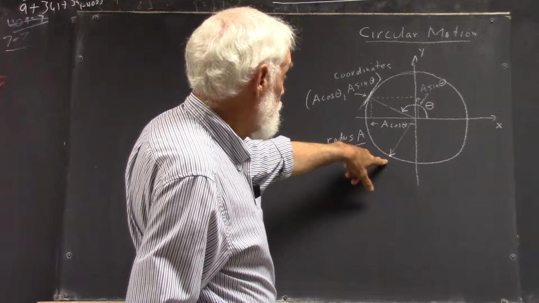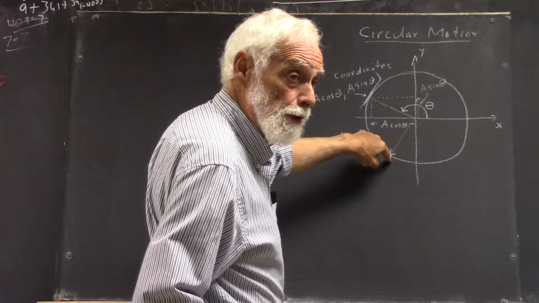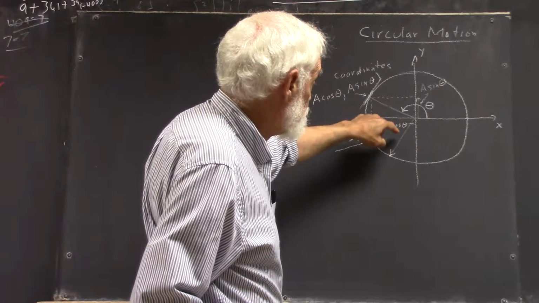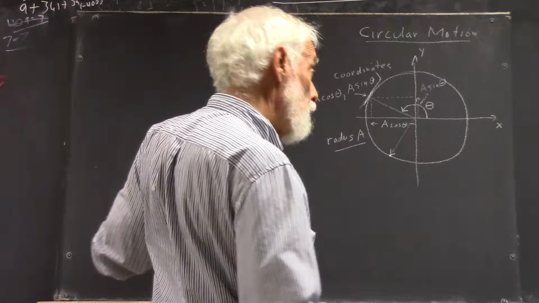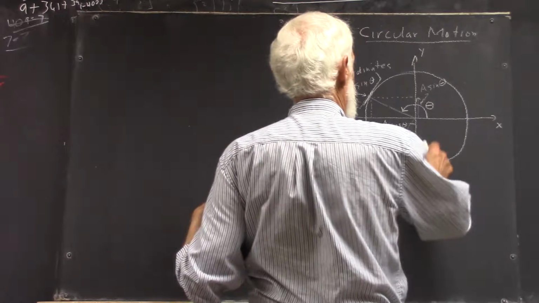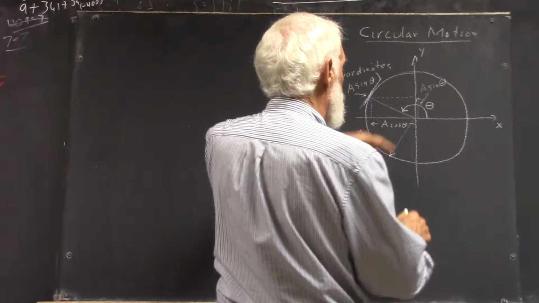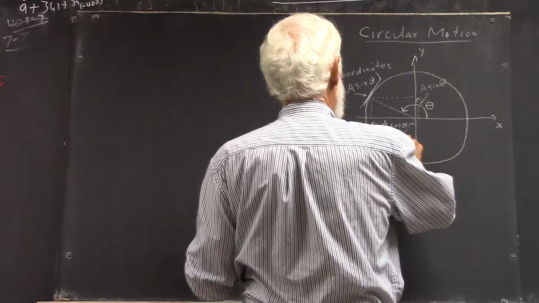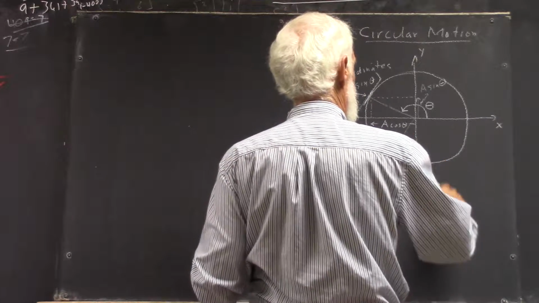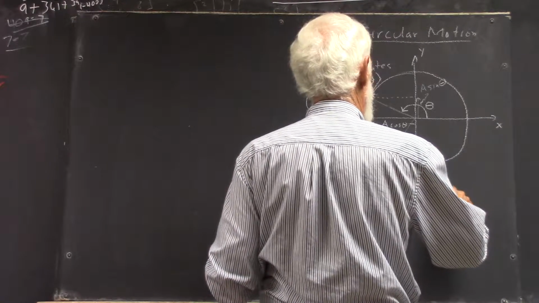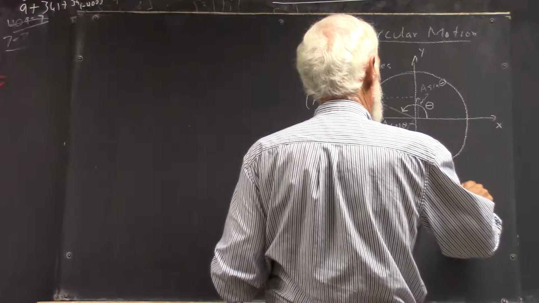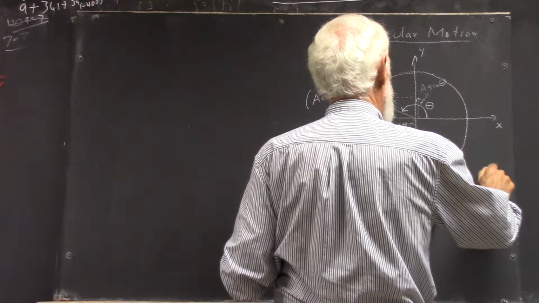So I've drawn an arrow from this point to this point. And I could say that this vector, which I'll call r, is A cosine theta times the i vector.